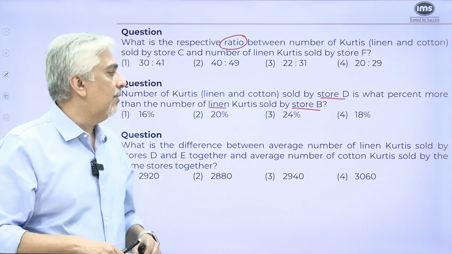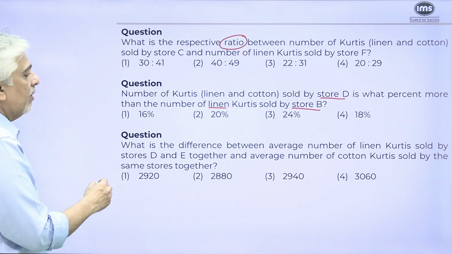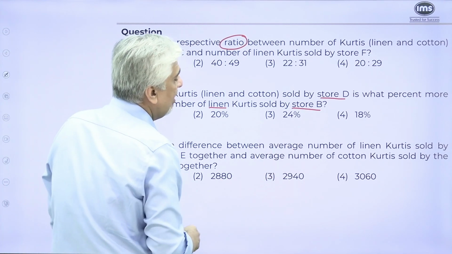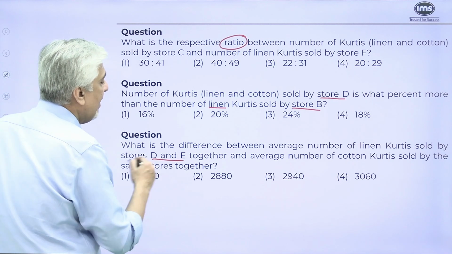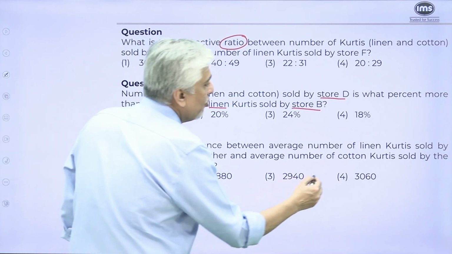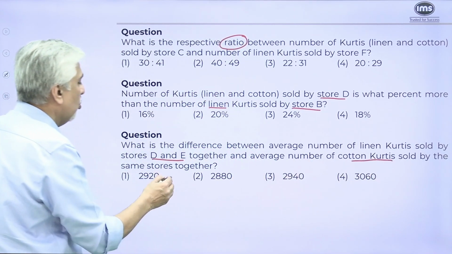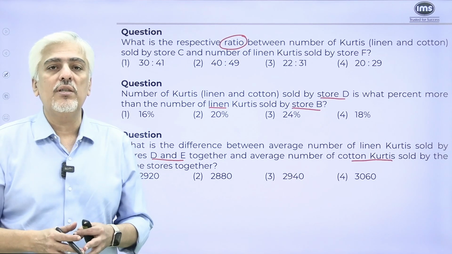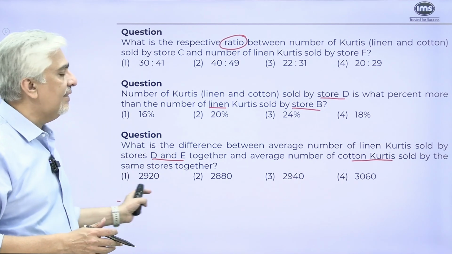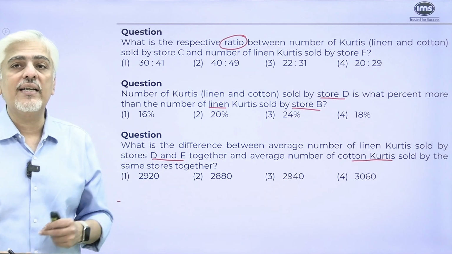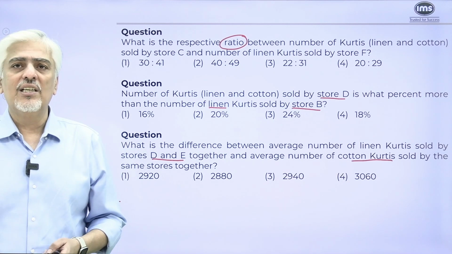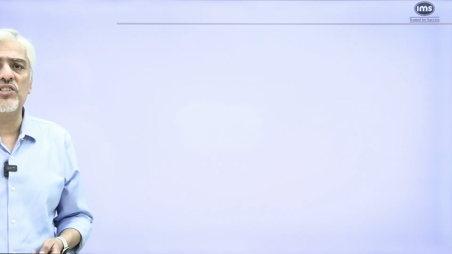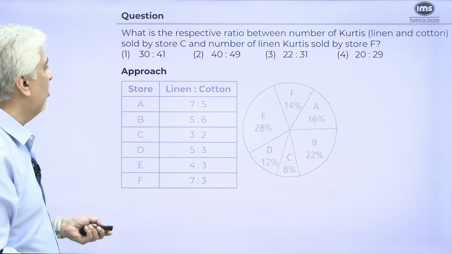But for the third question, they've asked for a real value: what is the difference between the average number of linen kurtis sold by stores D and E together and the average number of cotton kurtis sold by the same 2 stores together? Here there is a real number, so obviously I will require 84,000 to solve this. Let's solve each question individually.